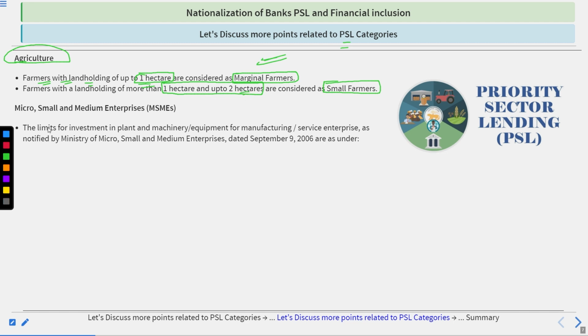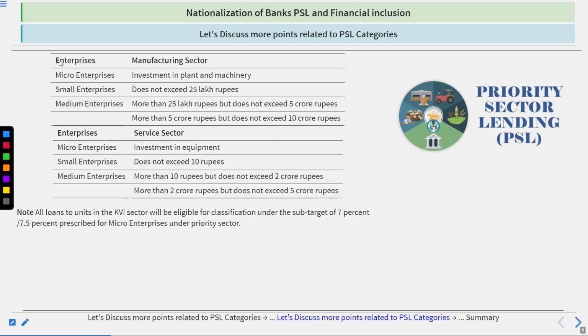After this, micro, small, and medium enterprises, MSMEs. The limits for investment in plant and machinery equipment for manufacturing and service enterprises were notified by the Ministry of Micro, Small, and Medium Enterprises on 9 September 2006, when it was announced. For enterprises in the manufacturing sector, a micro enterprise is one where investment in plant and machinery does not exceed 25 lakh rupees.